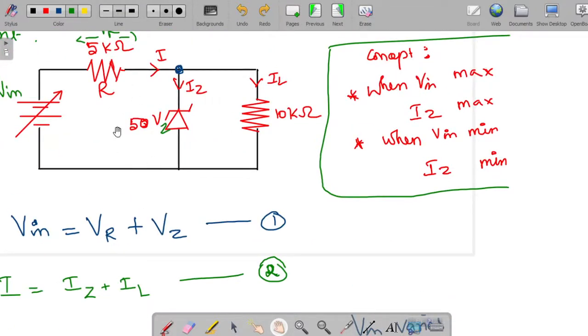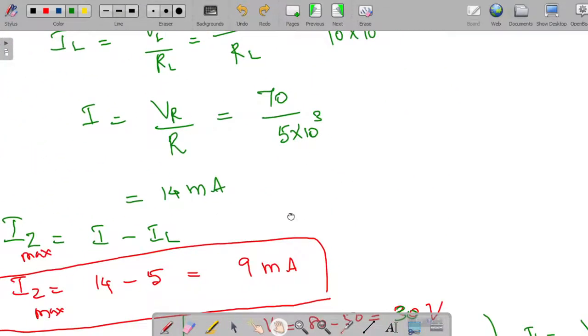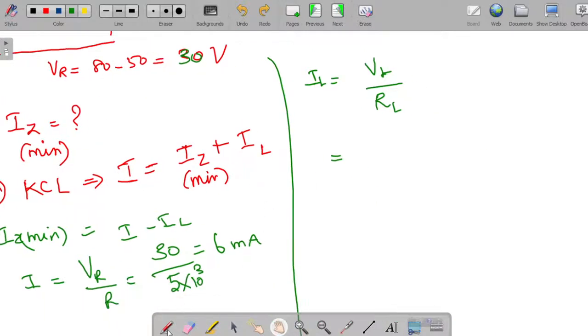VZ, if you check, is 50. So IL is 50 divided by RL.